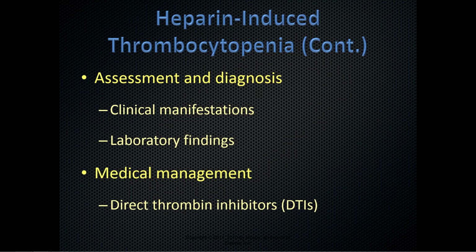The key indicator for identifying HIT is the platelet count, and general consensus in the literature considers a platelet count less than 100,000 per cubic millimeter, or a sudden drop of more than 50% from the baseline at initiation of heparin therapy.